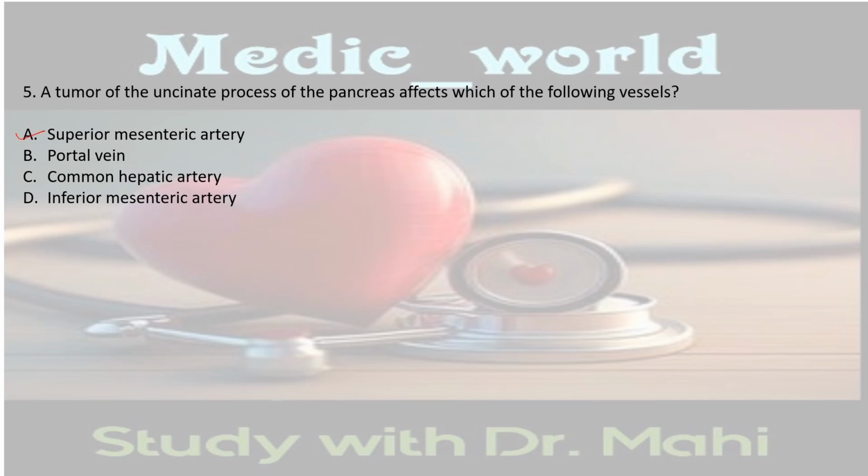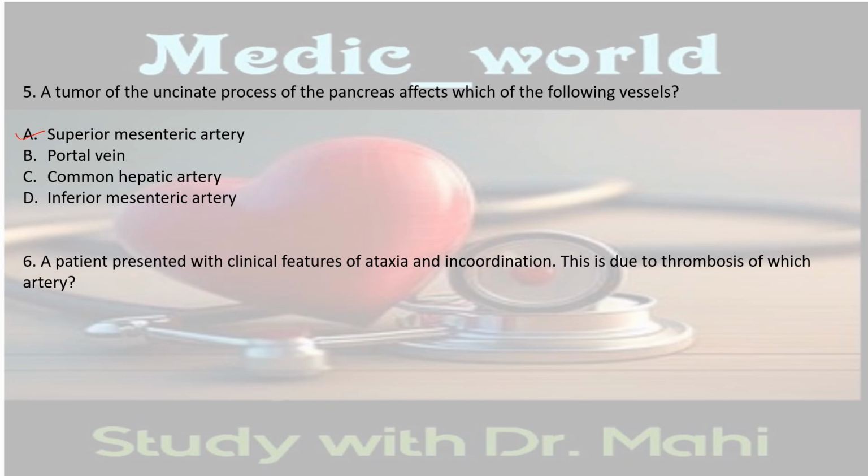Because it arises from the abdominal aorta and it lies first behind the body of pancreas and then in front of the uncinate process. So any tumor of the uncinate process of pancreas will affect the superior mesenteric artery because it lies in front of the uncinate process.